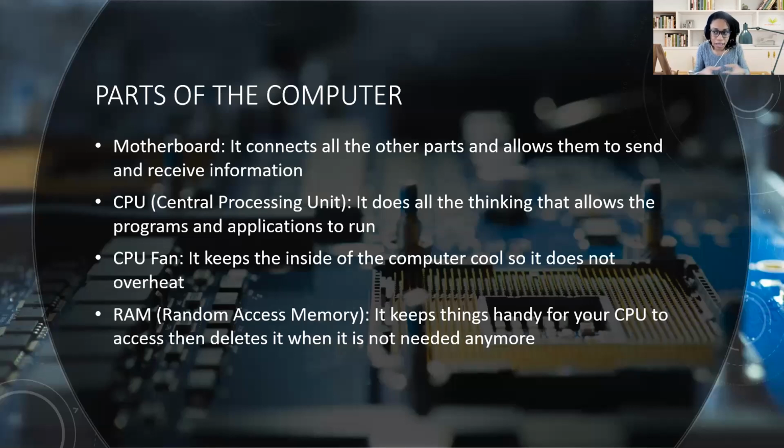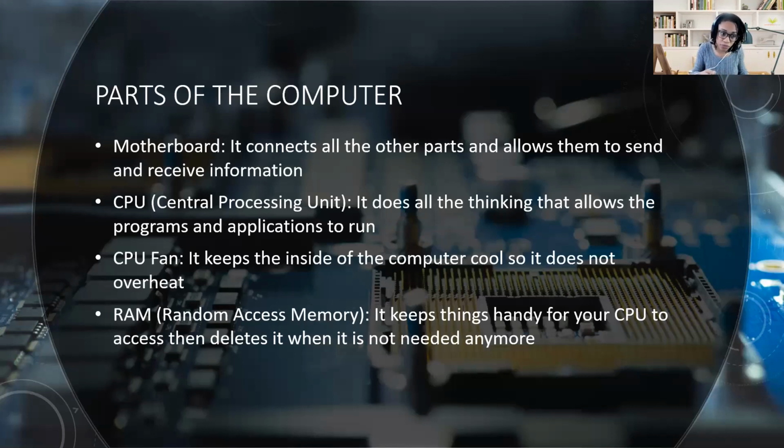So at the center in the main part of the computer is your motherboard, which connects all the other parts and allows them to send and receive information. There is also the central processing unit, which you may commonly see referred to as the CPU. It does all the thinking and allows the programs and applications to run.